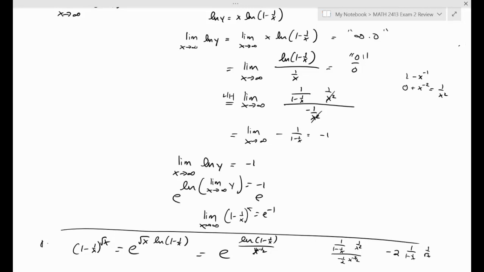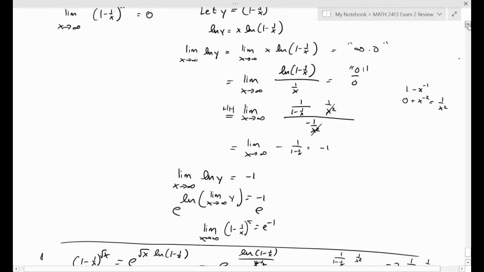X goes to, yeah, so this would go to 0. So e to the 0 is 1, so that's correct. Cool.